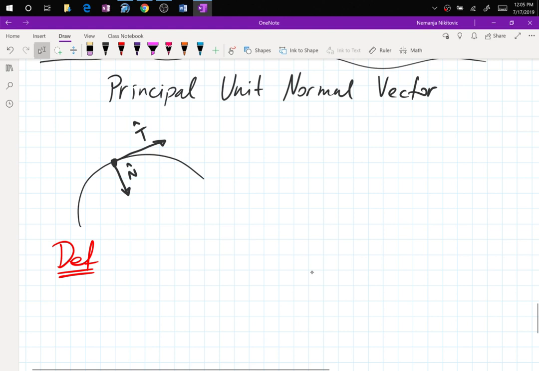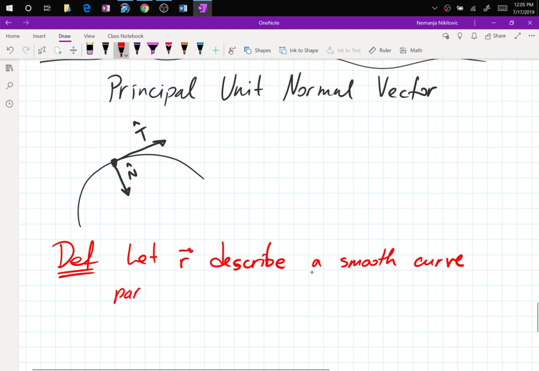So let R describe a smooth curve parametrized by arc length. So we are using arc length again to understand the concept.